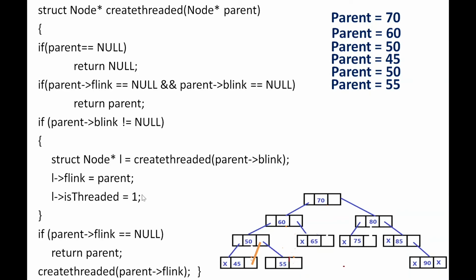The conditions will be once again evaluated with respect to node 55, and node 55 also satisfies the second condition. That is, both its f link and b link pointers are null. So it triggers the return parent statement, which means the address of node 55 will be returned to the previous call.